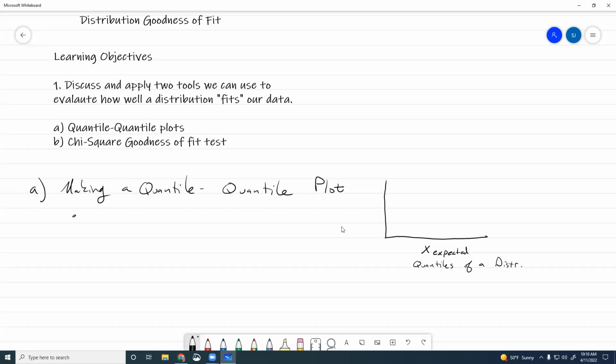We'll define quantile in a second. And then we have X observed. These are basically the values of X and where they fall along the probability distribution.